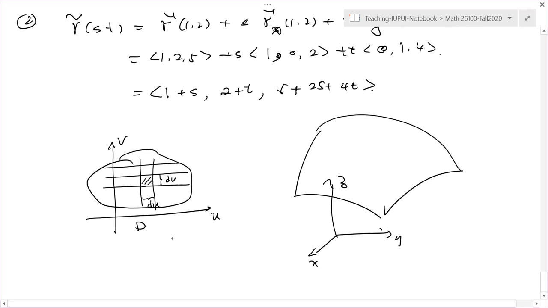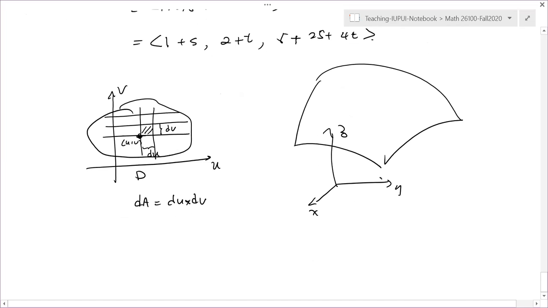This width is dv. So dA is du times dv. It's the area of this small rectangle, right? At that particular point, the point is u and v. So the double integral of dA is going to be the area of D. Remember that, right? All right. So you add all the areas of these small rectangles together, then you get a total area.